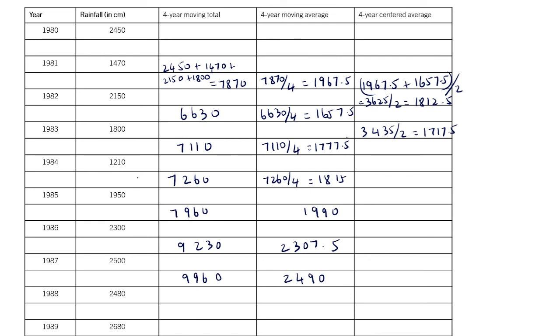The next 4-year centered average is finding the average of these two values. So the average is 1796.25, and then we have to find the next 4-year centered average for 1985.